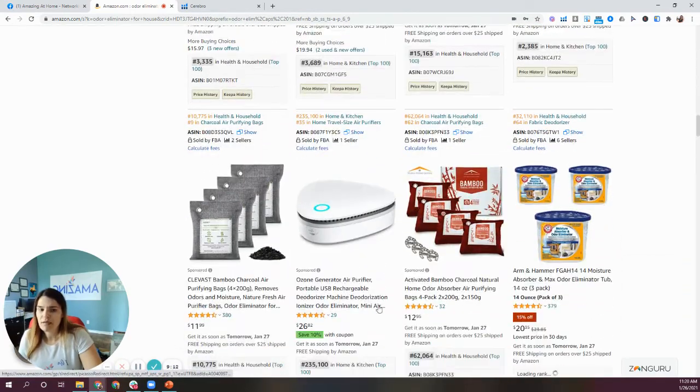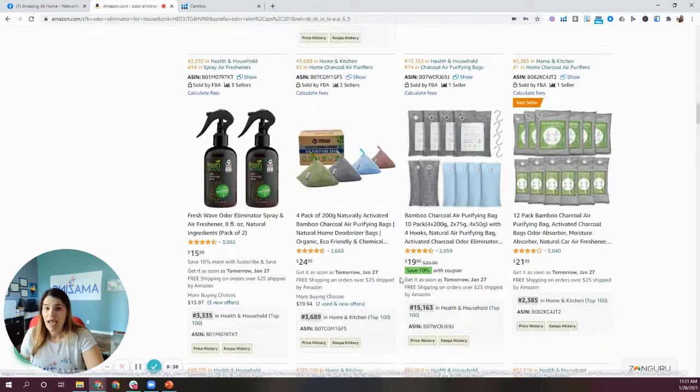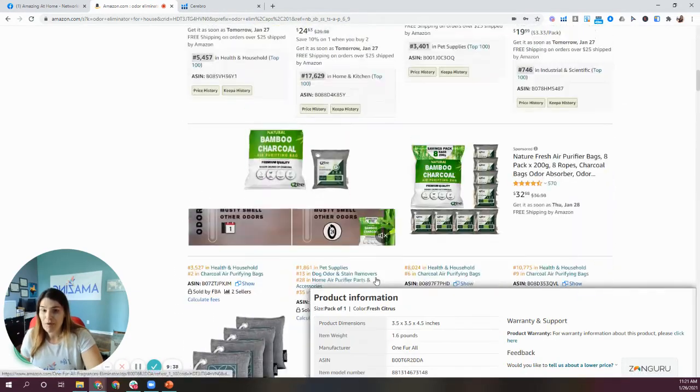So we can look at some of these, reverse search them, take a look at what they're ranking organically for, discover new keywords, and then write our listings to that keyword and really try to rank organically for it and go after a corner of the market where things are not so saturated. And this is what I've done time and time again.